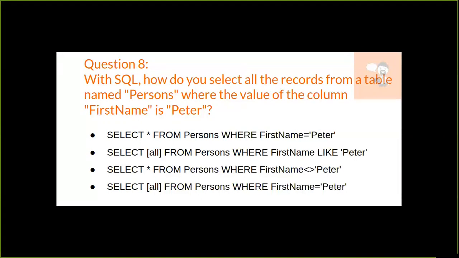And the fourth option is select within square brackets all from persons where first name equal to within quotes Peter. So the question was, with SQL, how do you select all the records from a table named persons where the value of the column first name is Peter? I hope you noted your correct answer.